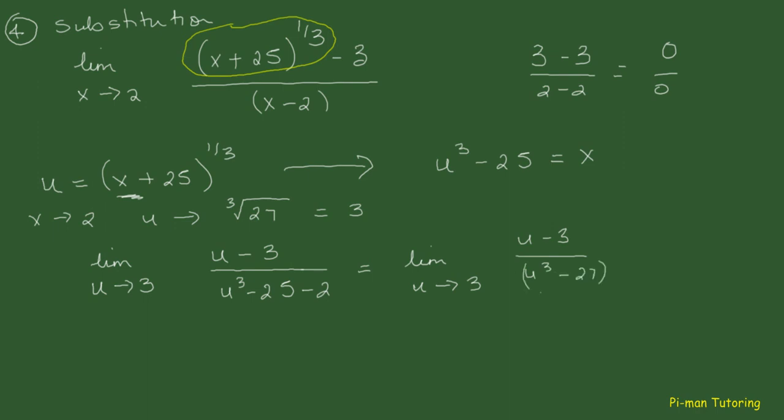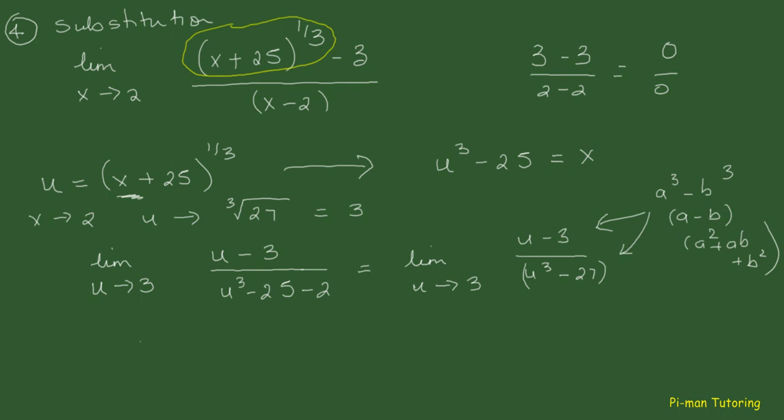And now that bottom expression should jump out at you as the difference of cubes. Usually in these problems we are looking to find a common factor, top and bottom. So we know that u cubed minus 27 is just a cubed minus b cubed, and that's a minus b multiplied by a squared plus ab plus b squared.